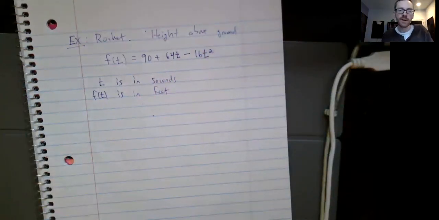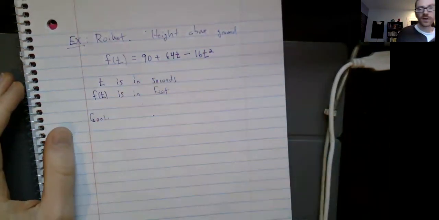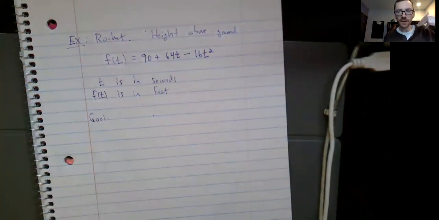Okay. So we've got this rocket, and we have this function which describes the position of the rocket at any time t. And here's my goal for this problem. It's going to take a while, but in the process of solving this problem, we're going to derive the formula for instantaneous velocity.